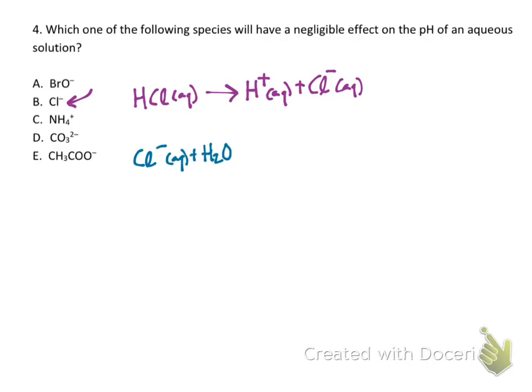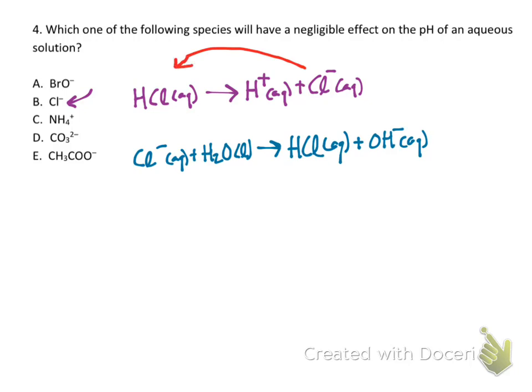and we tried to react it with water, so if we tried to hydrolyze water with Cl minus, is there any way that it could pluck a proton off of water to reform HCl and leave behind hydroxide? Well, if Cl minus can't grab onto a proton that's freely floating in solution to reform HCl, is there any way that it's going to be able to break a covalent bond in water to form hydroxide?